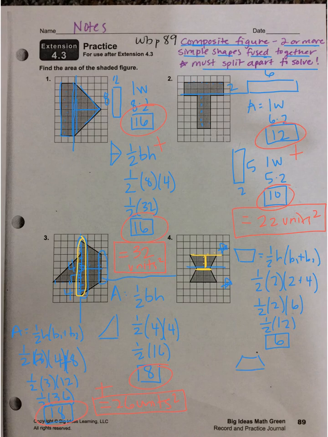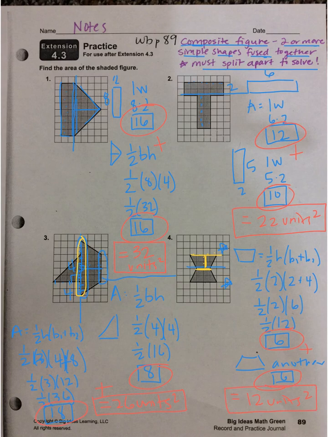Call that congruent. So we're just going to put another 6. 6 plus 6 more equals 12 units squared.